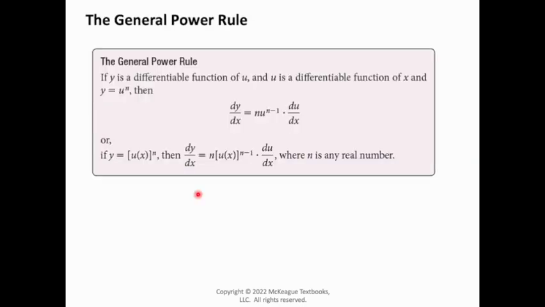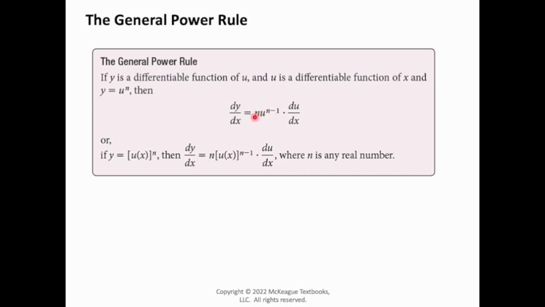So when you want to use the power rule, but you have an inner function as your base, then we're going to apply the chain rule and the power rule together at the same time. And this is what's known as the general power rule. So what this is saying is, if I want to find the derivative of y with respect to x, whatever is this inner function, I want to leave that base the same.